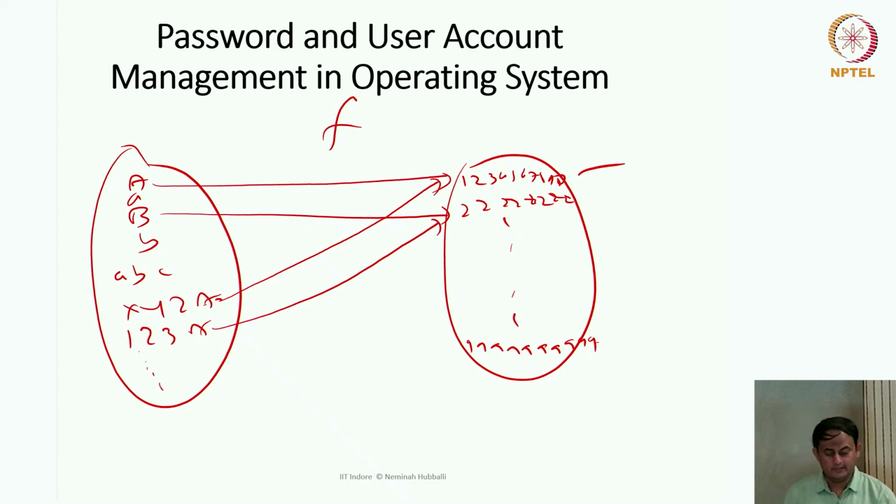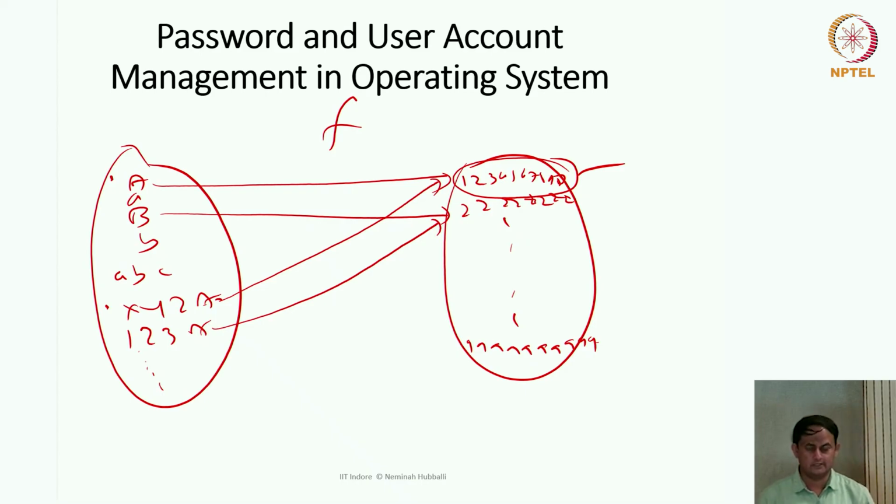So if I give you this value 1 2 3 4 5 6 7 8 9 0, then figuring out whether A generated this hash value or XYG generated this hash value, we will not be able to get it out, because there might be many other possibilities which actually generate the same hash value. So this is how it actually works. So knowing the hash value does not tell you anything about the corresponding password.